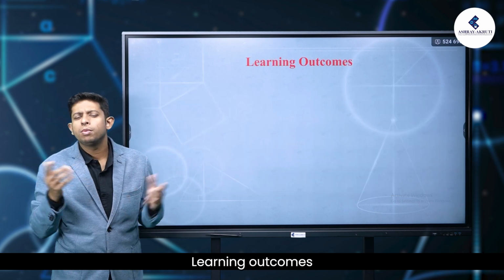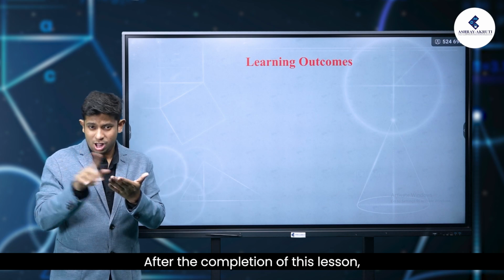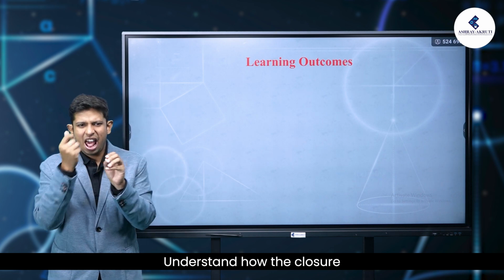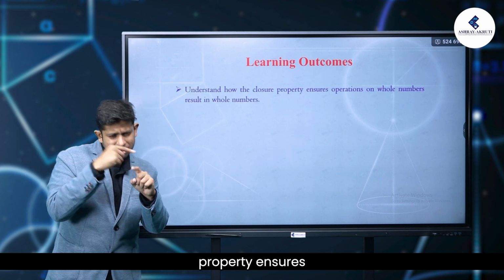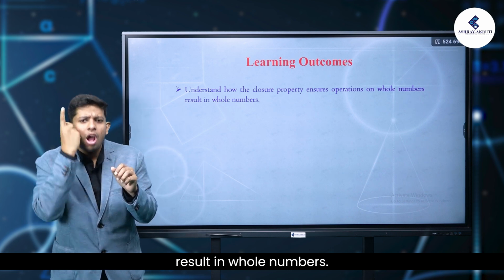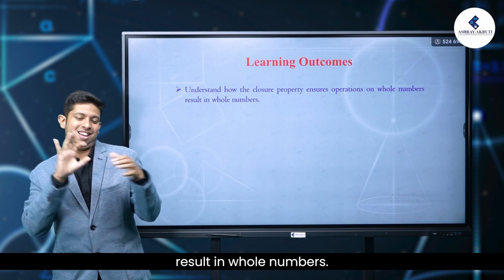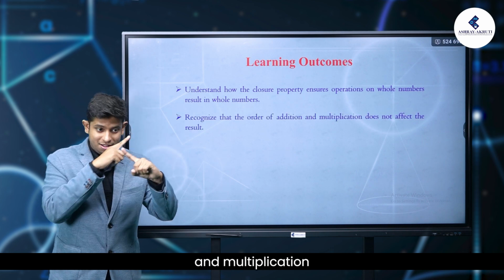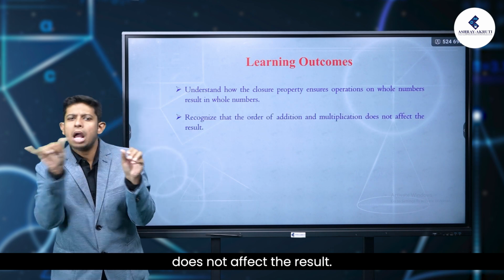Learning outcomes. After the completion of this lesson, you will be able to: understand how the closure property ensures operations on whole numbers result in whole numbers. Recognize that the order of addition and multiplication does not affect the result.